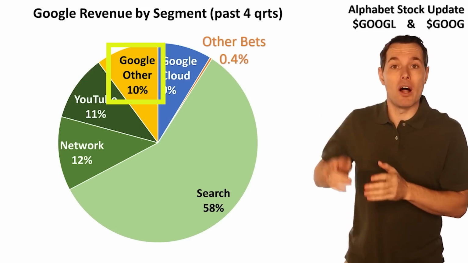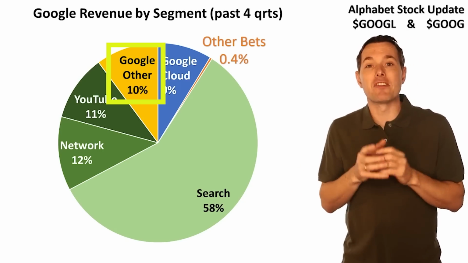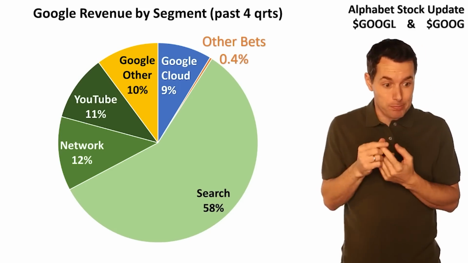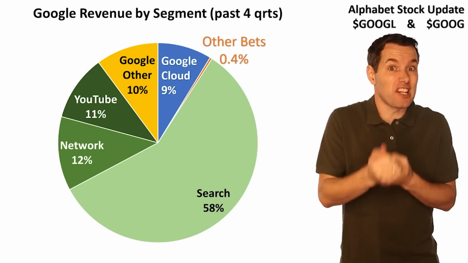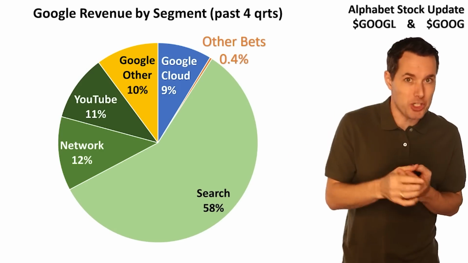Then they have Google Other. That represents about 10% of total revenue. Google Other is a mix of a bunch of different things. The revenue that they generate from Google Play is part of it. The revenue they generate from selling hardware, like Fitbit watches. Yes, they bought Fitbit back in 2021.